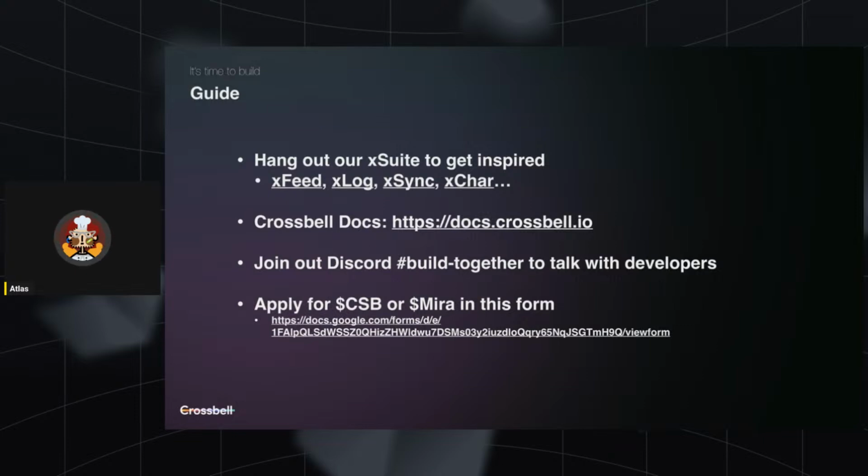Also, don't forget, if you need more CSBs, you could acquire them from the faucet, or if you need more Mira to start some exploration on creator economy ideas, you could fill out this form for the application.